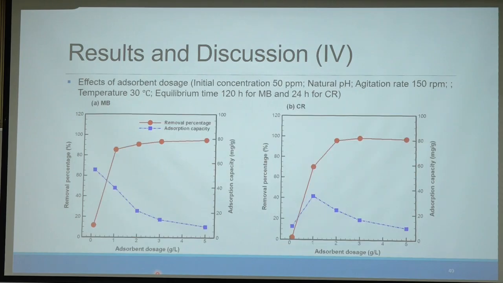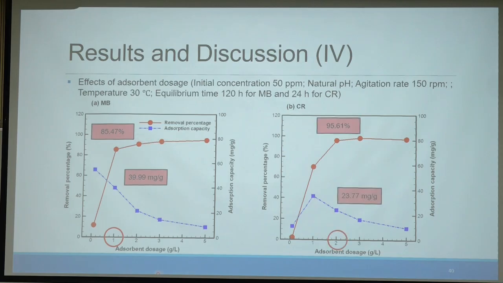Then we wanted to see the effect of the absorbent dosage. We found that for methylene blue, at an absorbent dosage of 1 gram per liter, the removal can already reach up to 85%, which removes nearly 40 milligrams per gram of the methylene blue pollutant.